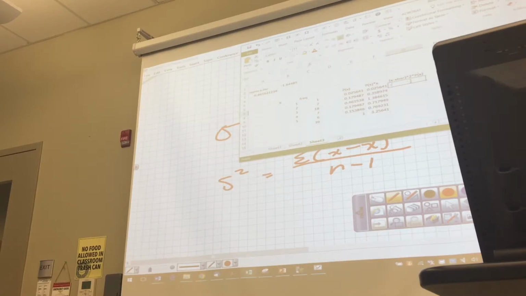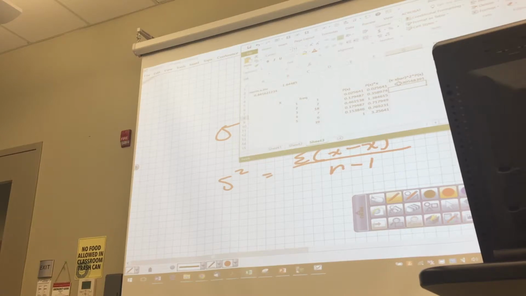So that means I'm going to take X, gotta put it in parentheses, X minus the mean, which I want to lock down, and I want to square that. And then I want to multiply that by the probability.